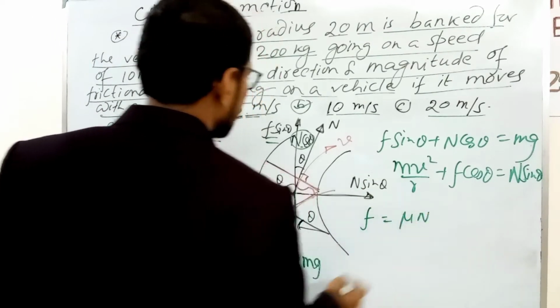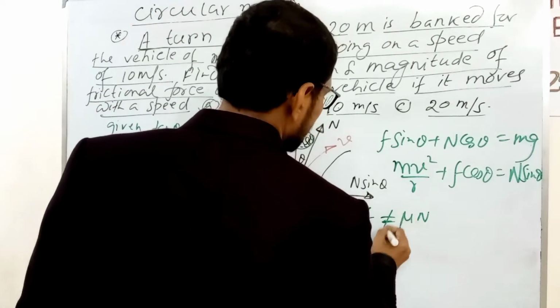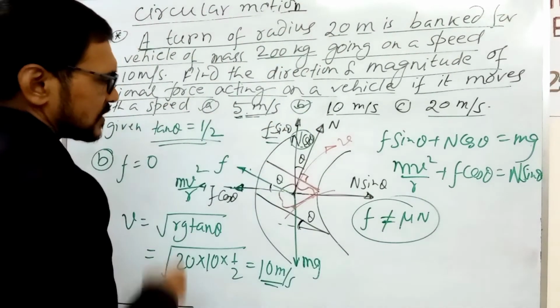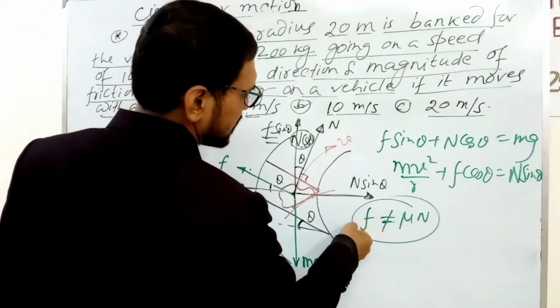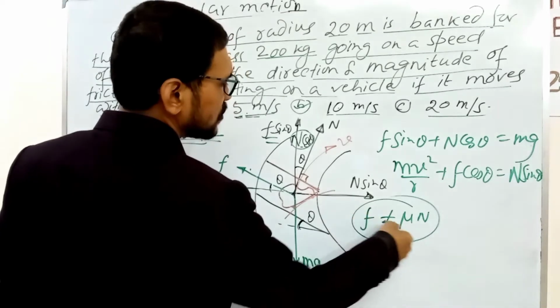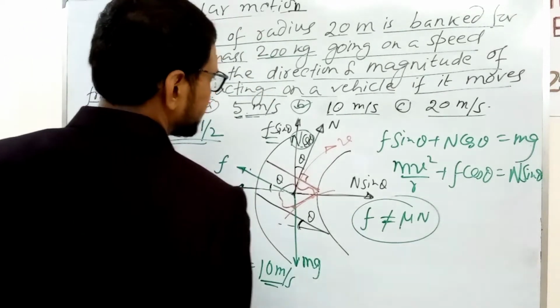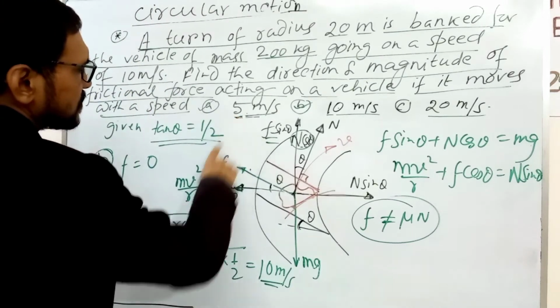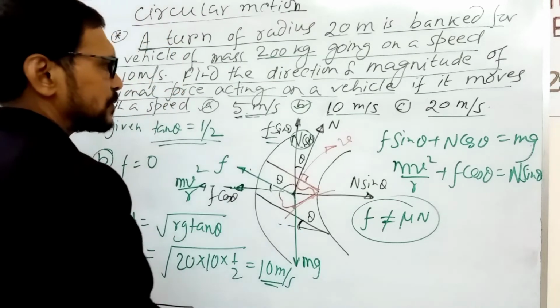We cannot use mu into n. Suppose N is mg cos theta, this is not right, we cannot calculate by the formula f equal to mu n. Students generally make the mistake that friction equals mu n equals mg cos theta. This is not correct, because here velocity is less, so friction will adjust itself. This is not minimum velocity and not maximum velocity.